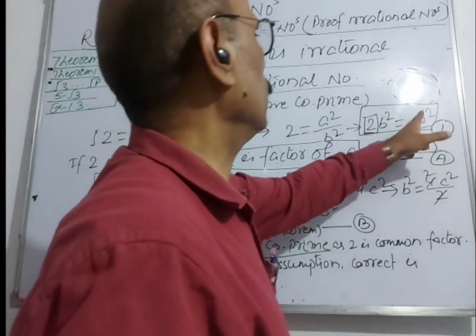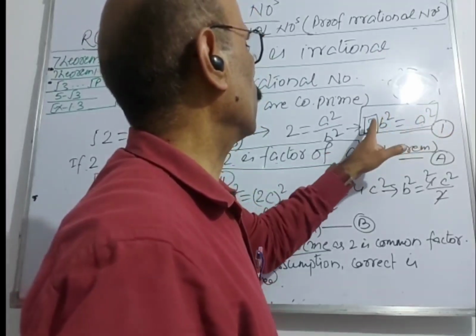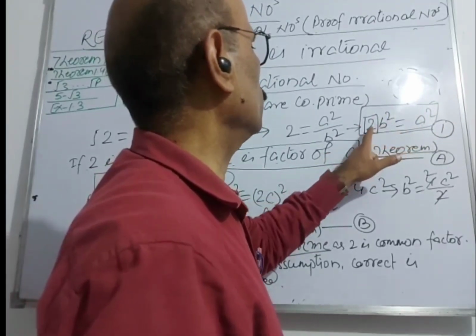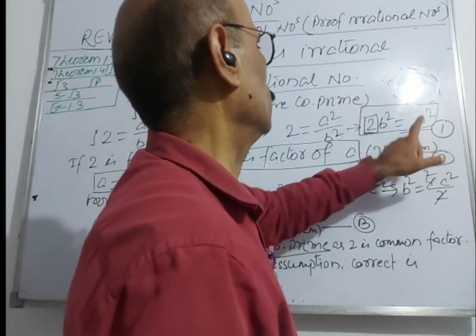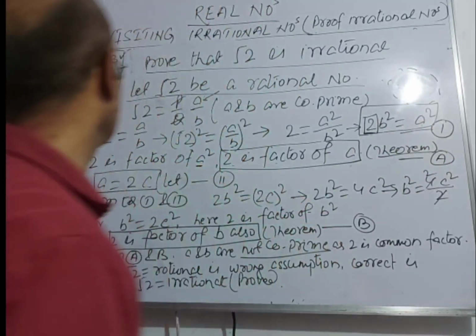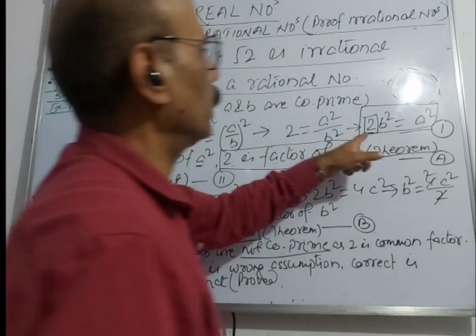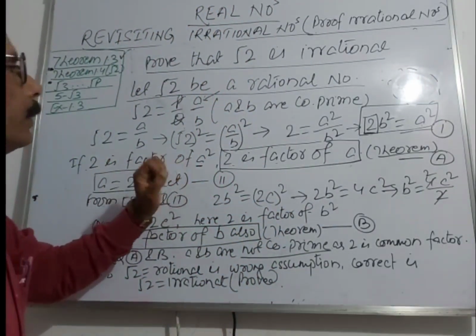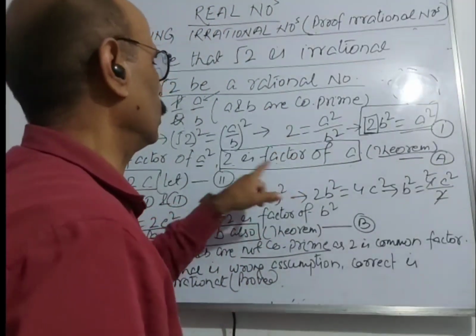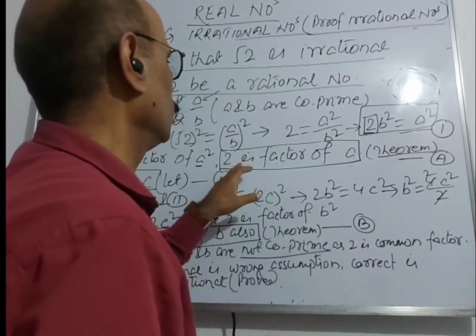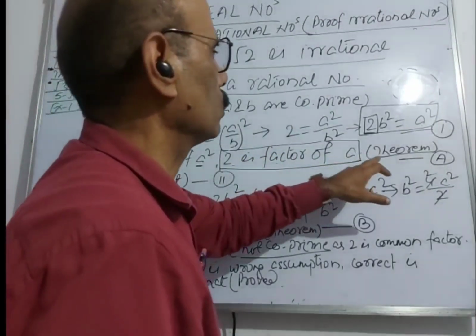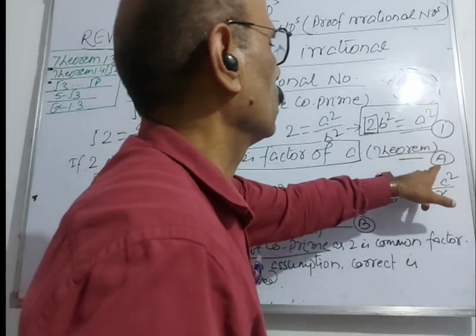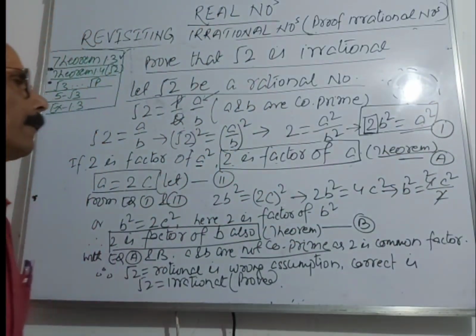Here a square has a factor of 2 and b square, that means 2 is a factor of a square. If 2 is a factor of a square, then 2 has to be a factor of a also, by the theorem. This is equation a.